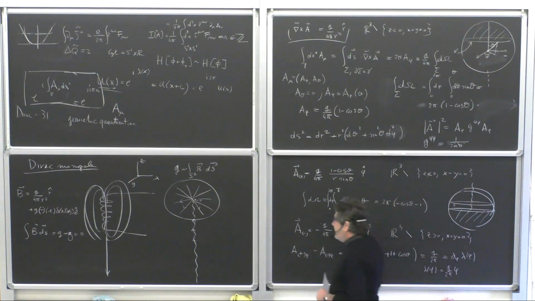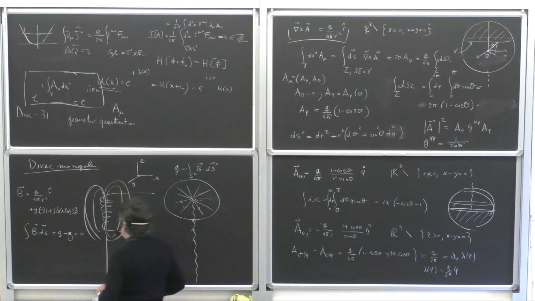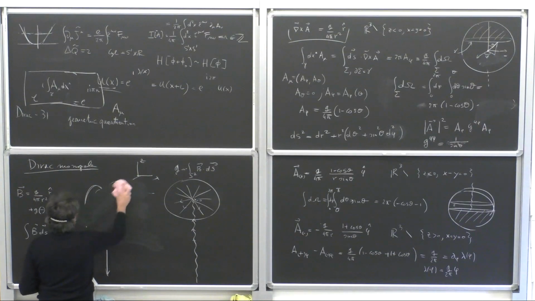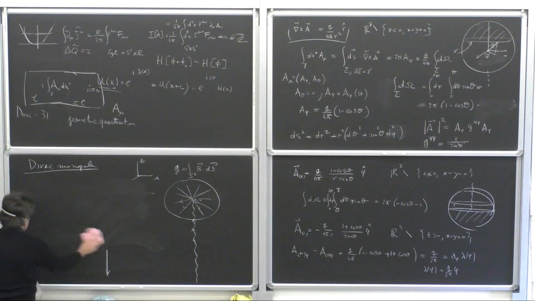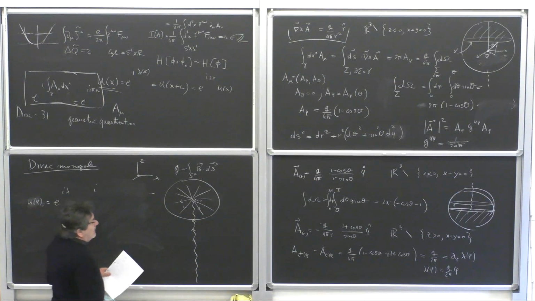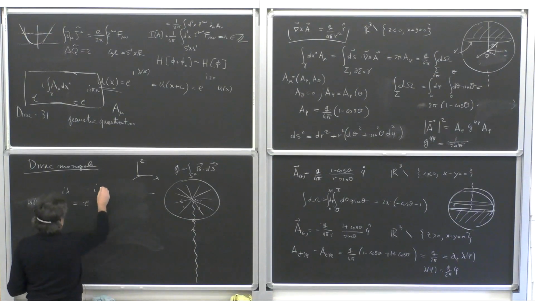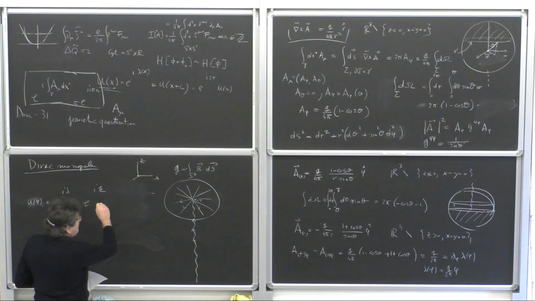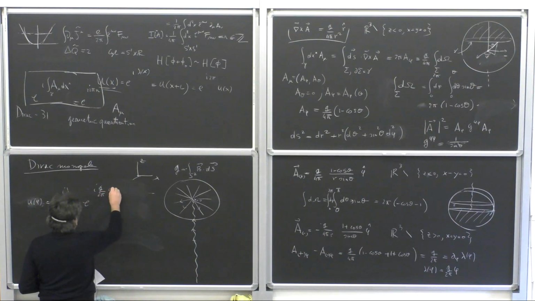And this is a proper gauge transformation because, again, we find this business that is a large gauge transformation, because u, which is e to the i lambda, is u of phi, e to the g over 2 pi phi.